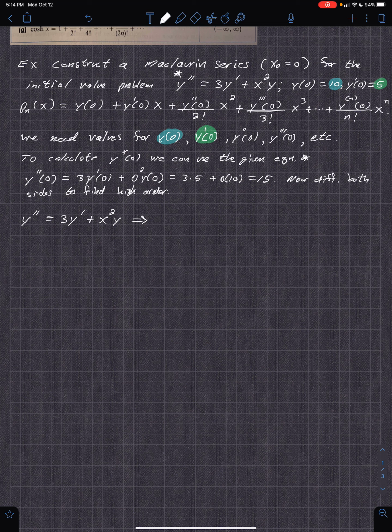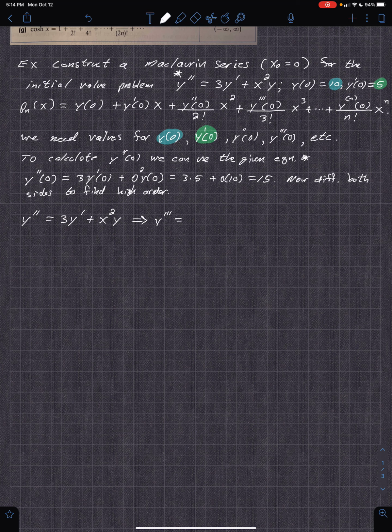So that implies you get y triple prime equal to, and now you'll have to use the product rule here, right? You'll get 2x, times y, and then x squared times y prime, but you have to use the product rule when you differentiate that. So it's not like a partial, it's more like implicit.